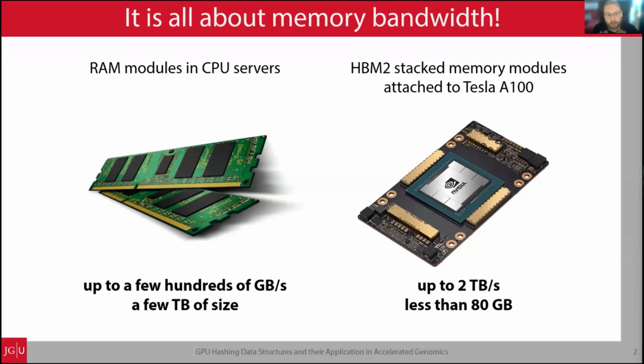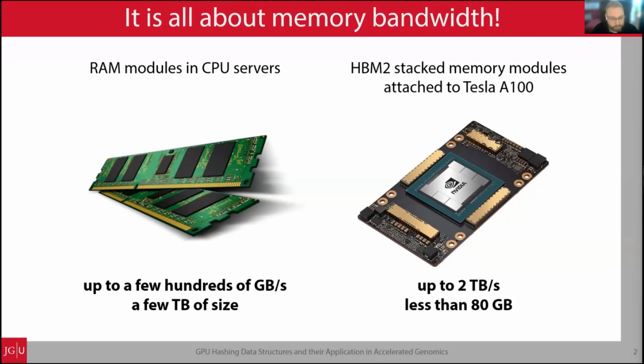So first, what drove our research focus towards GPU hash tables? Well, TLDR on this is it's all about the memory bandwidth. For instance, on modern CPU workstations, we typically have memory modules with a couple of hundreds gigabytes per second maximum bandwidth. And if we have very deep pockets, we can afford maybe a few terabytes of these modules per node.